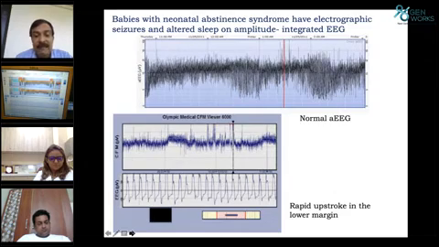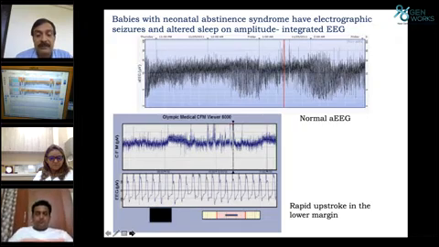They mimic seizures, but they are not seizures. As Dr. Dinakaran and Dr. Sidhu have pointed out, if it is dome shaped, then only it is a seizure; if it is not dome shaped, it is not a seizure.